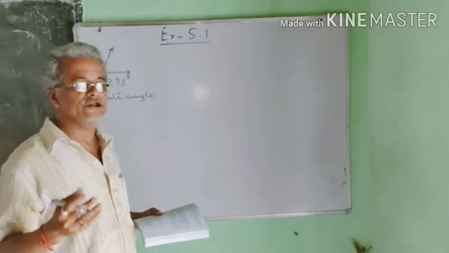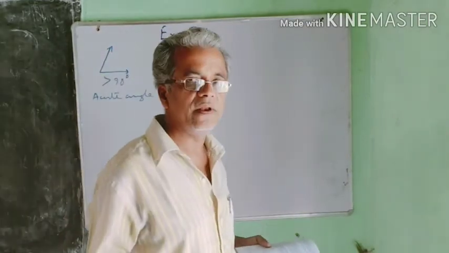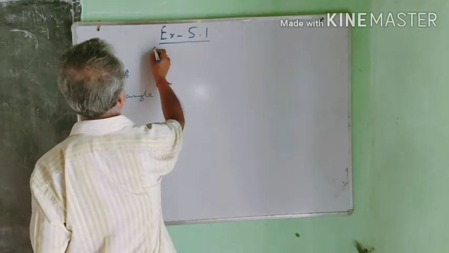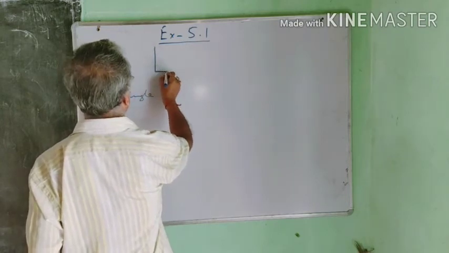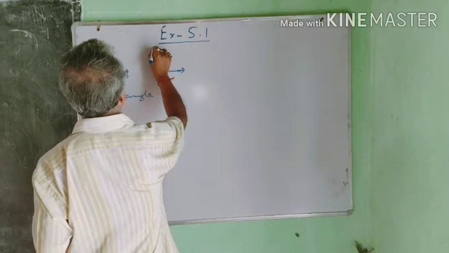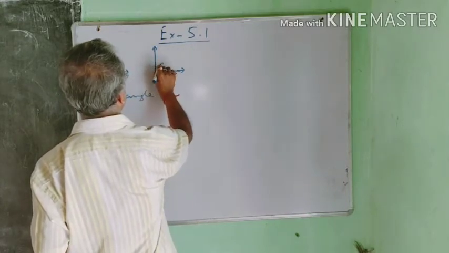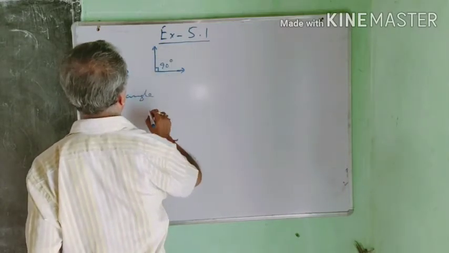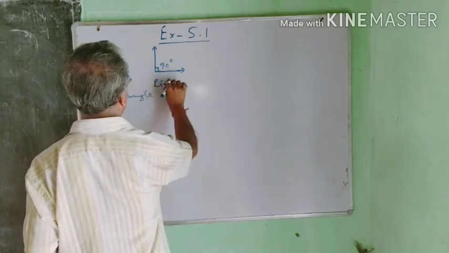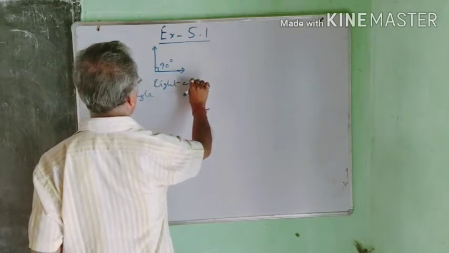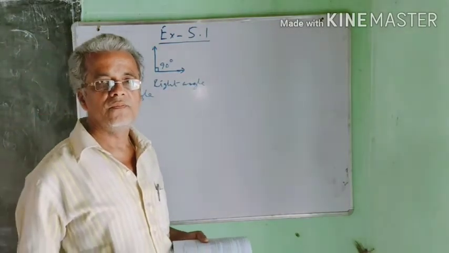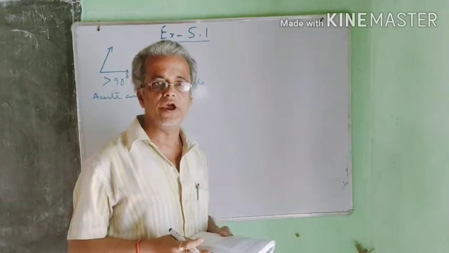Acute angle measures less than 90 degree. If an angle measures 90 degree exactly, this is 90 degree, then it is called right angle. All right angles are of measure 90 degree.